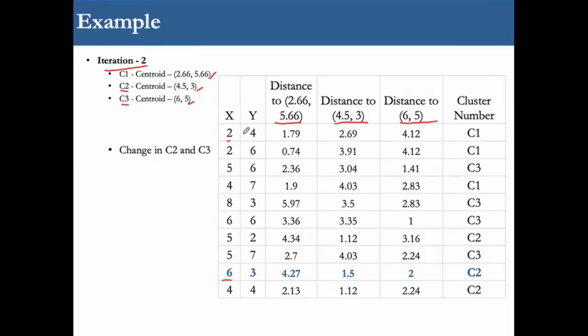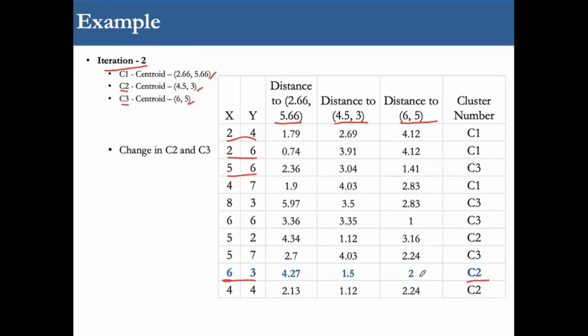So, previously 2, 4 was with C1, 2, 6 was with C1 and 5, 7 was with C3 and so on. When you consider this 6, 3, this was earlier with C3 and now it has changed its cluster center to C2. So, why?